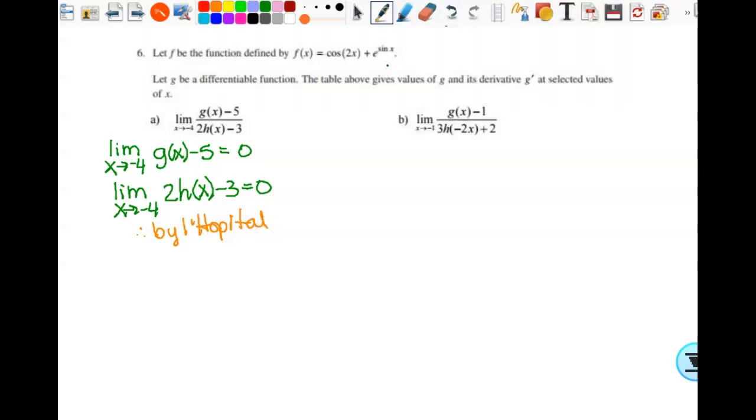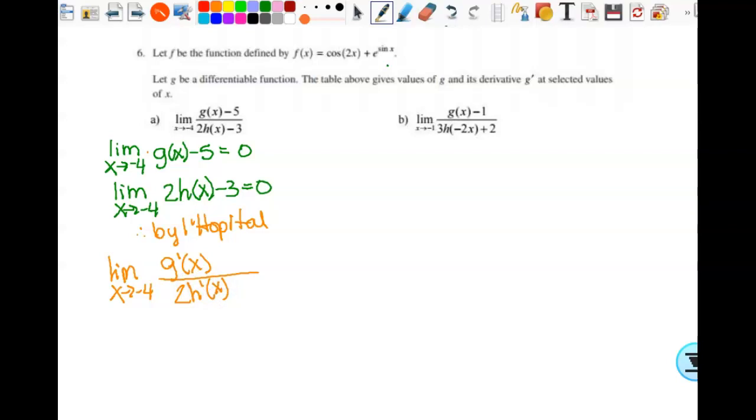I'm going to do the limit as x approaches -4 of, that'll be g prime of x, and that's it in the numerator, right? What does the denominator give me? Well, that's the derivative to put in the numerator. What am I putting in the denominator? 2h prime of x. Okay.